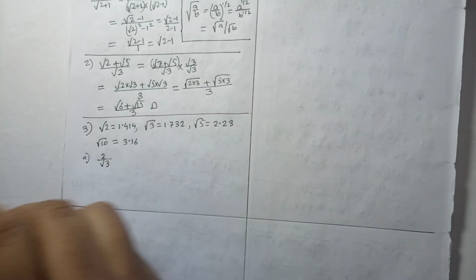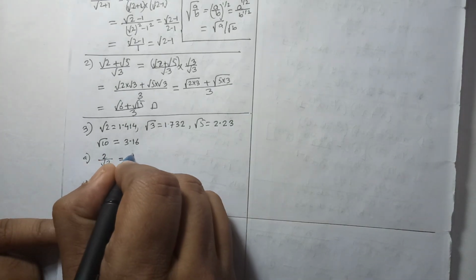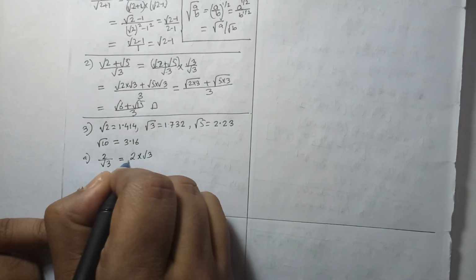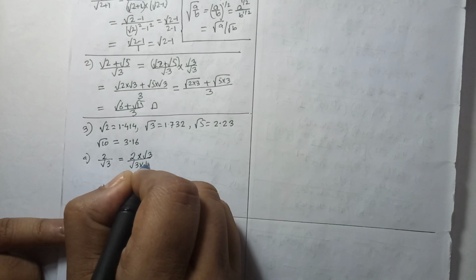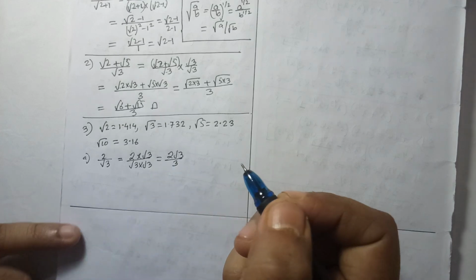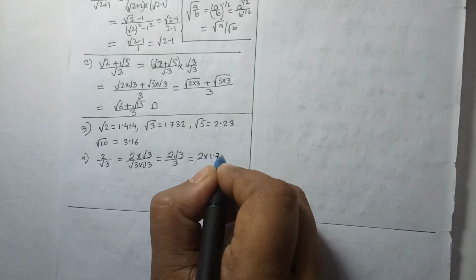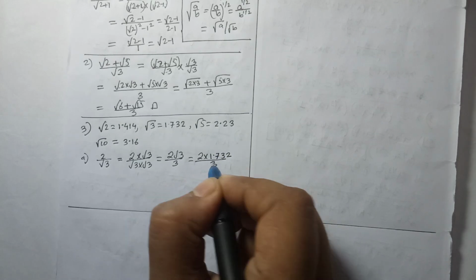Of course I'm not going to divide 2 by 1.732, that is pretty tedious. So convert it into an equivalent fraction. This is 2 root 3 by 3, right? Now what is this? 2 into 1.732 by 3.